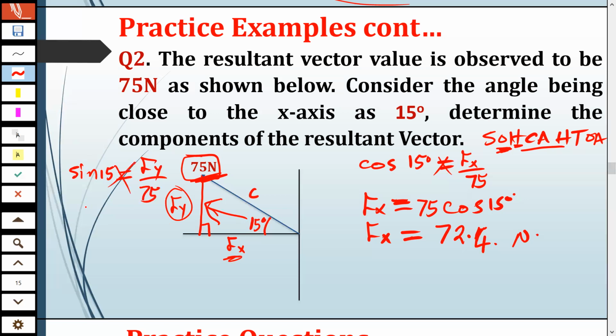So we cross multiply to find the force in the Y: 75 times sine 15 degrees. It's giving us 19.4 newtons.